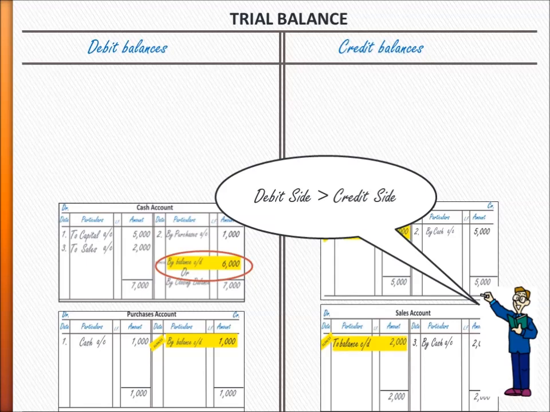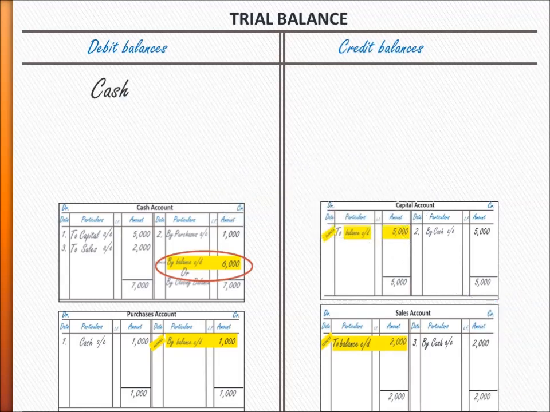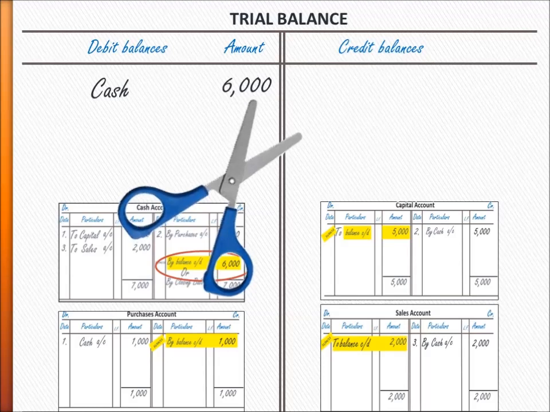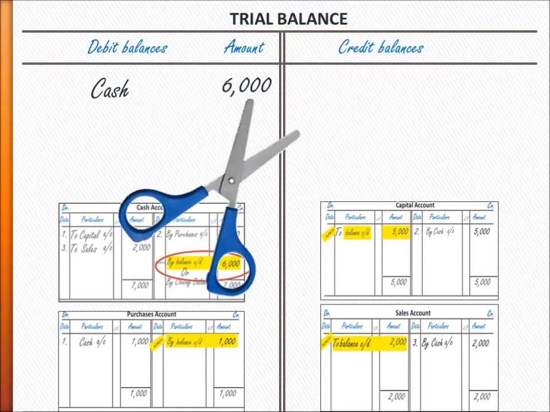So the closing balance of 6,000 will be taken to the trial balance on debit side. Write down cash rupees 6,000. So in this way you will see that the amount has been taken from the credit side to the debit side of trial balance, just like the working of the scissors. You know, there are two blades of scissors and one moves from left to right, another right to left.